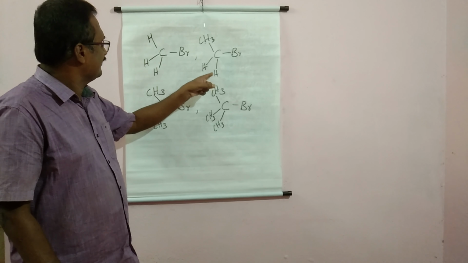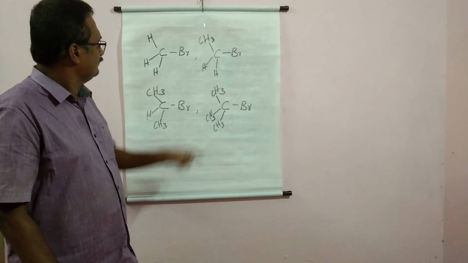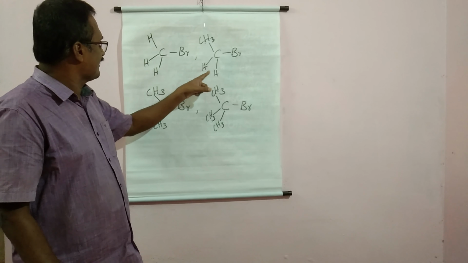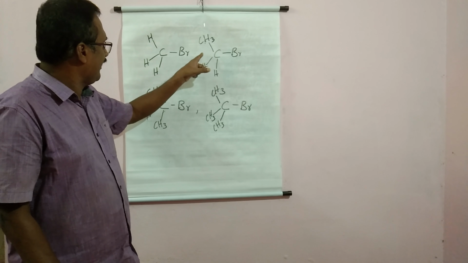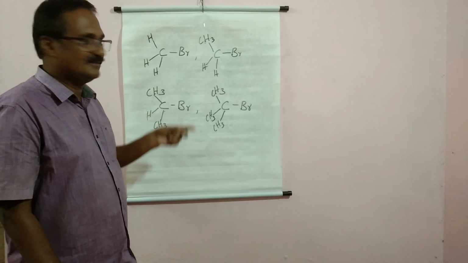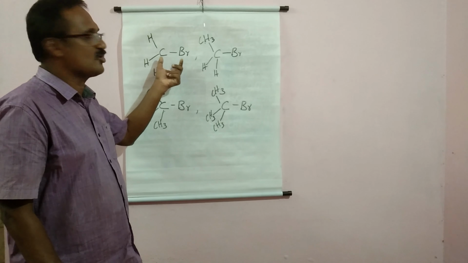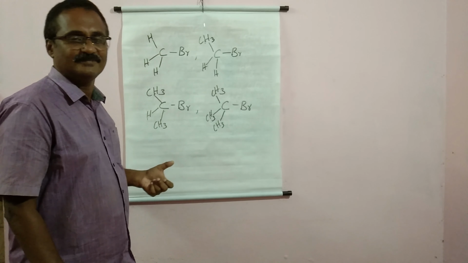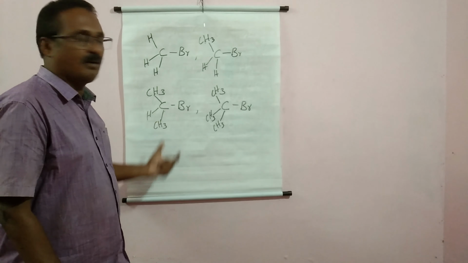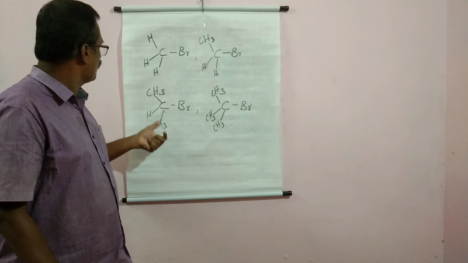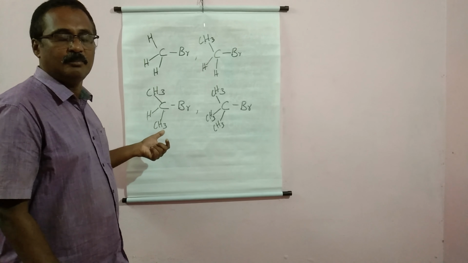But in the case of ethyl bromide, one hydrogen atom is replaced by a methyl group. The formation of a transition state is less possible compared to methyl bromide. Then coming to isopropyl bromide, two hydrogen atoms are replaced by methyl groups.